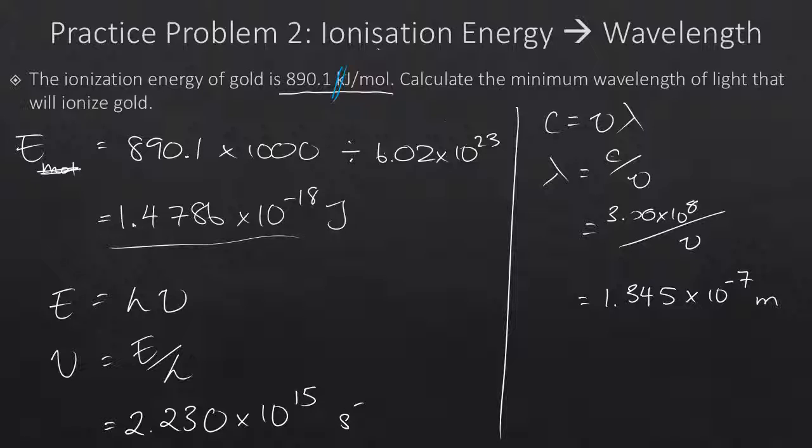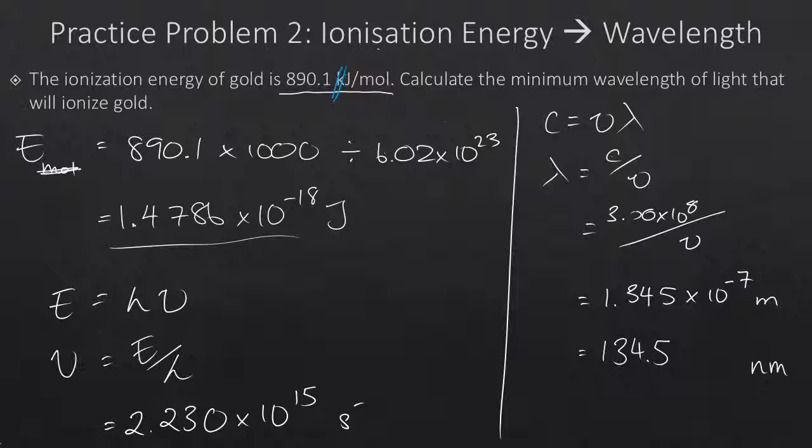The thing is, when we talk about light, we tend to talk about them in terms of nanometers. So nano is 10 to the negative 9. So that is effectively 134.5 nanometers.